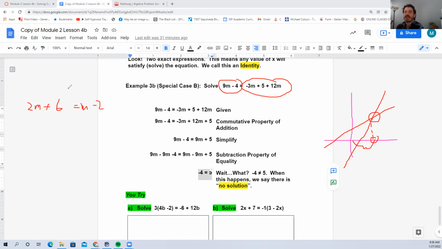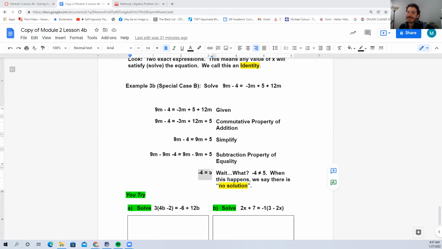Again, we'll get there. This will all make sense later. I'm just giving you a little bit of visual context. So think about it: this is a line, this is a line, the lines intersect, and the point at which they intersect is our answer.